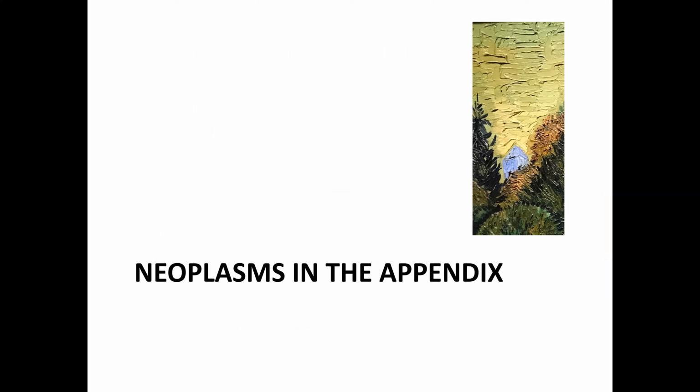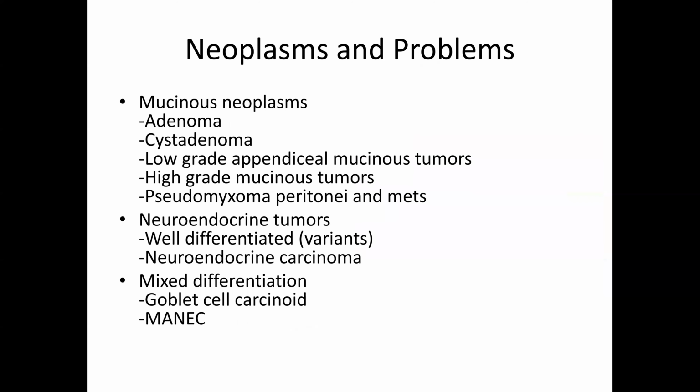And this presents us with some challenges in terms of nomenclature and terminology that can be quite variable. So there are a host of mucinous neoplasms and a host of names that have been used, ranging from mucocele to adenoma.